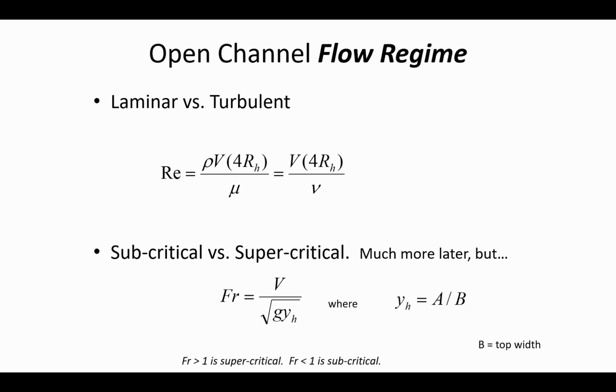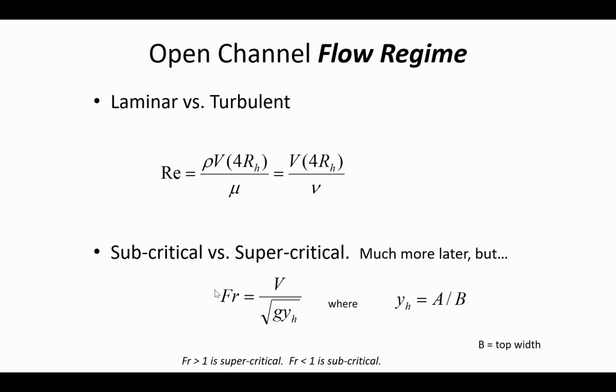The Froude number tells you whether the flow is supercritical or subcritical. And the most basic formulation of it, there's lots of different formulas depending on whether you know the flow rate or the velocity, or if you have a rectangular channel or a trapezoidal channel.